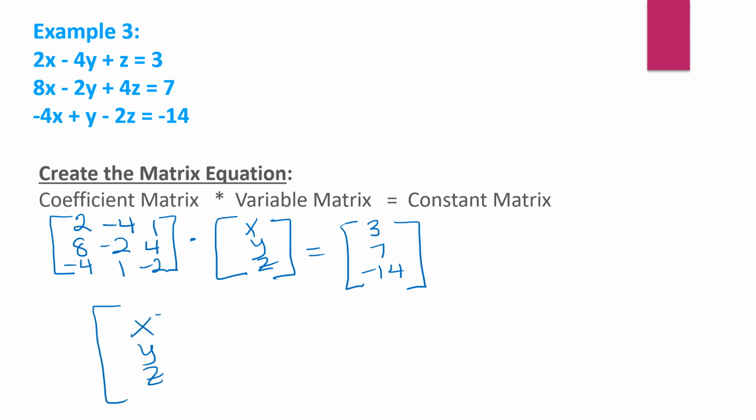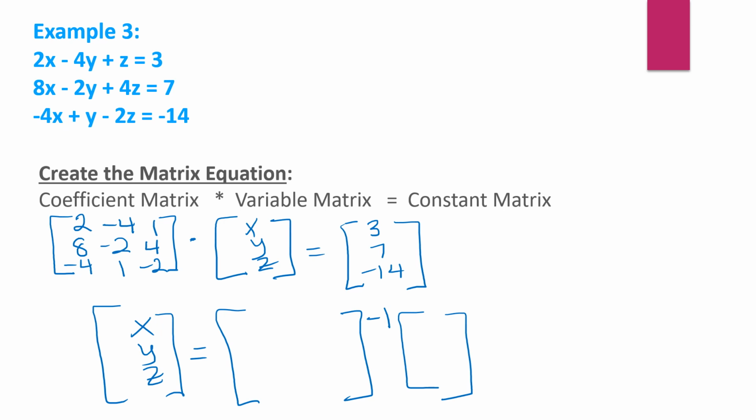So when we determine our solution, we need the inverse of the coefficient matrix multiplied by the constant. So we're going to have the inverse of 2, -4, 1, 8, -2, 4, -4, 1, -2, raised to the power of -1, that means inverse. Multiply that by 3, 7, -14, that 3 by 1 matrix.